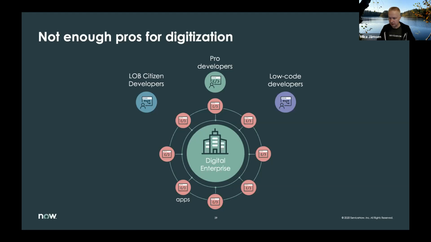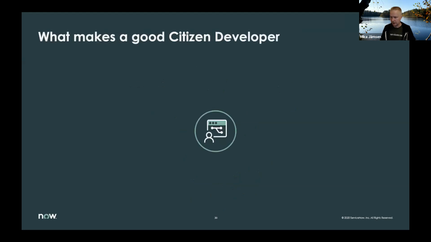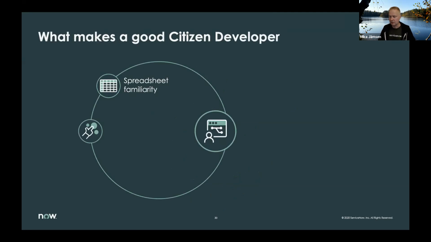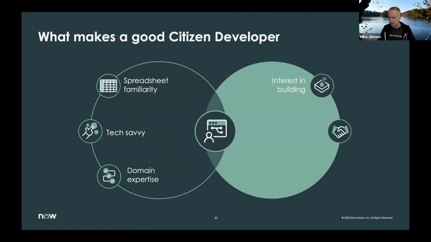So people who understand the business area but also have some basic capabilities in developing new processes on top of ServiceNow. And in fact, if we take a look at who would be a really ideal person to introduce this to, someone who obviously knows the business area, so domain expertise.